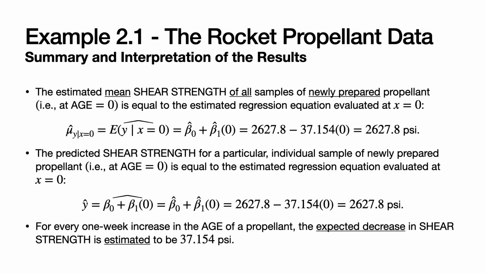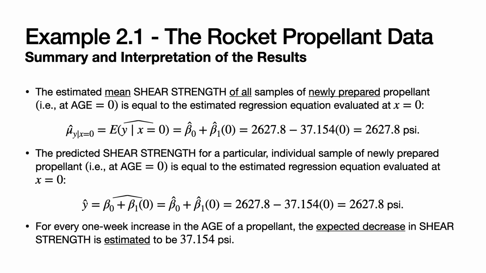The predicted shear strength for a particular individual sample of newly prepared propellant, again at age equal to 0, is equal to the estimated regression equation evaluated at x equal to 0. In other words, y hat, the predicted value of the response for a single observation, is equal to the estimated value of the deterministic component evaluated at x equal to 0.